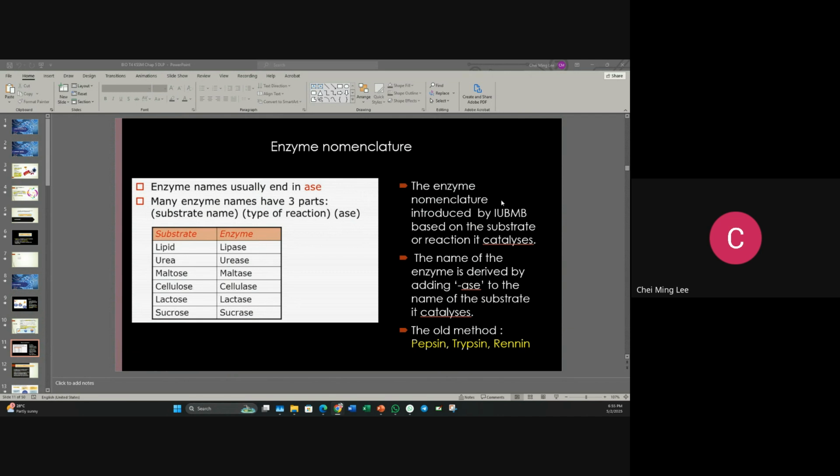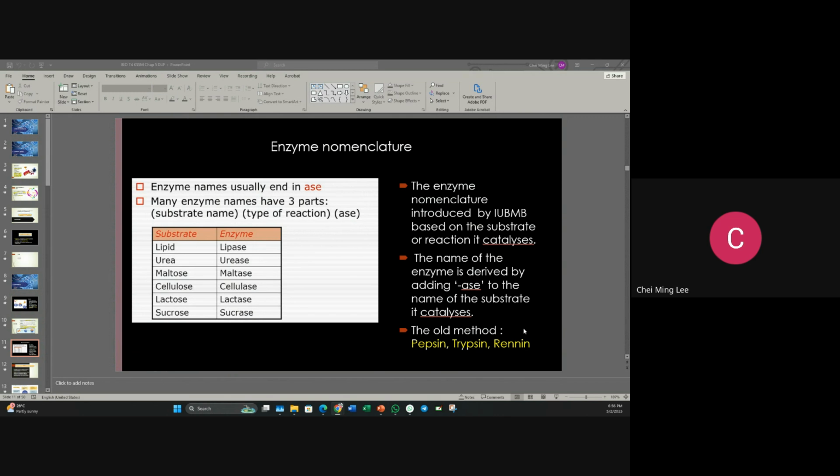However, not all of them follow this, because there's an old method, which called pepsin, trypsin, and rennin. These three are the enzymes for protein. Okay, pepsin, trypsin, and rennin. Why? Because these three already occurred.